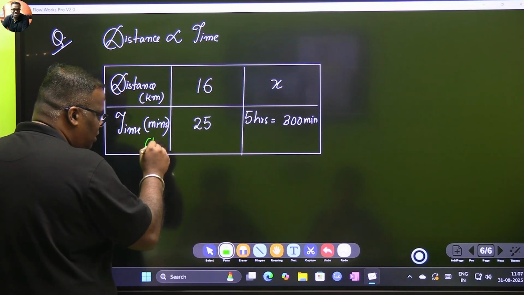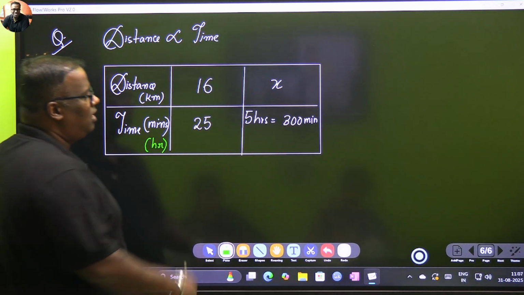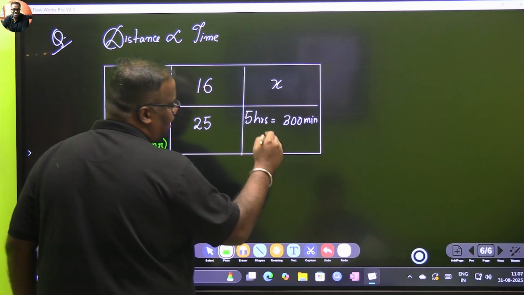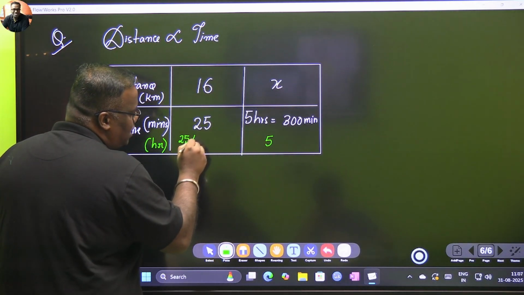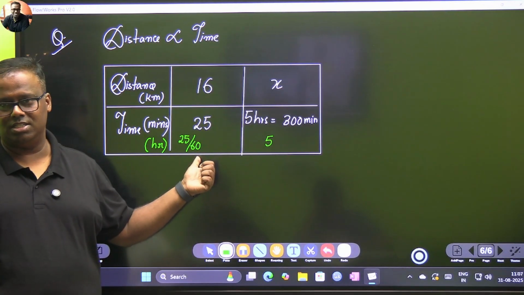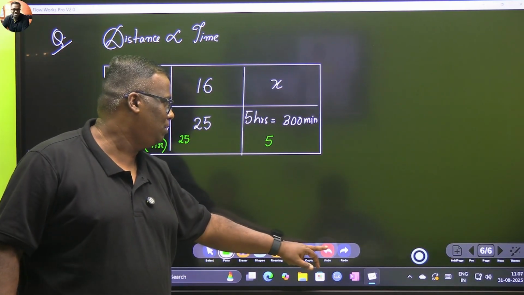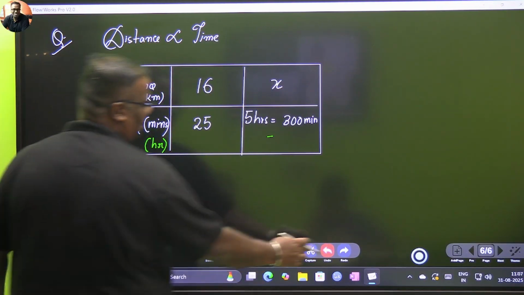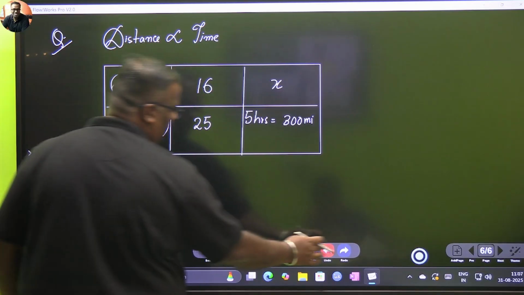If you were interested in hours, then we would have written 5 here, and here 25 by 60, because 25 minutes is 25 by 60 hours. But that makes a fraction, so it was better to do the problem in terms of minutes. Minutes will work better.